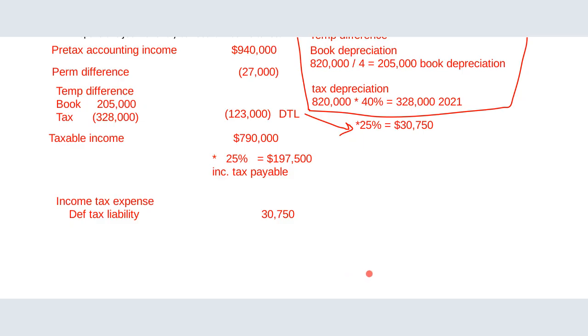And then we have a credit to income tax payable of 197,500, and then our income tax expense is going to be a plug figure to make this balance, right? 228,250. Okay.